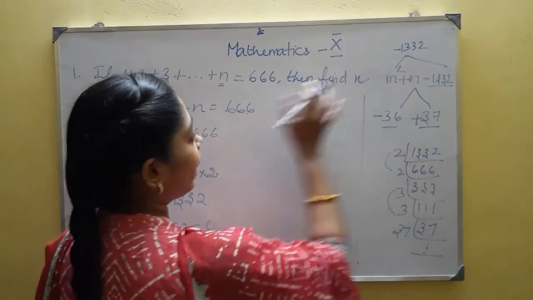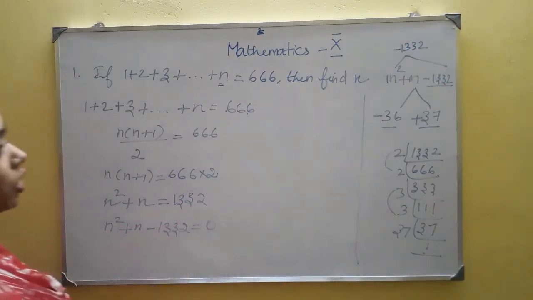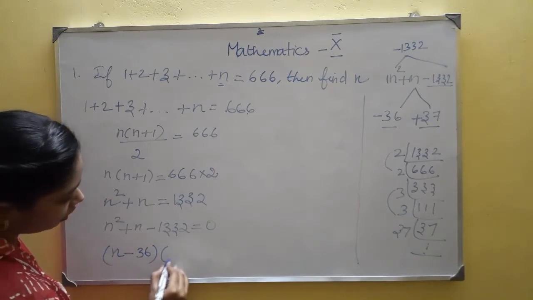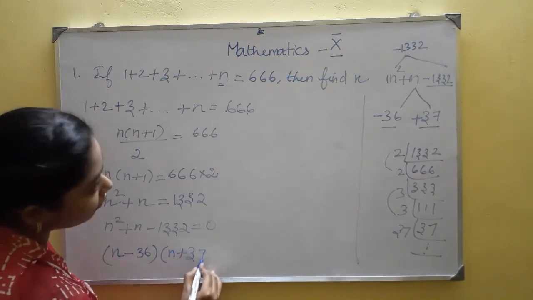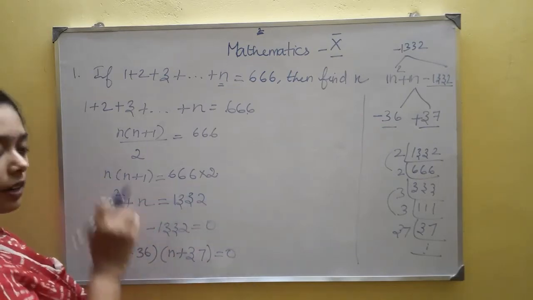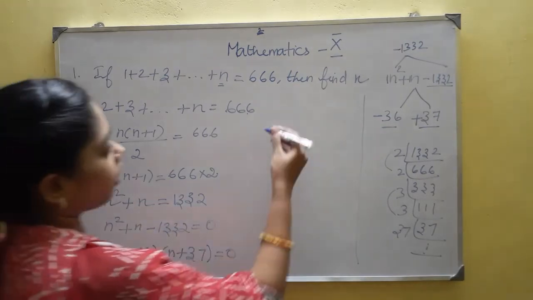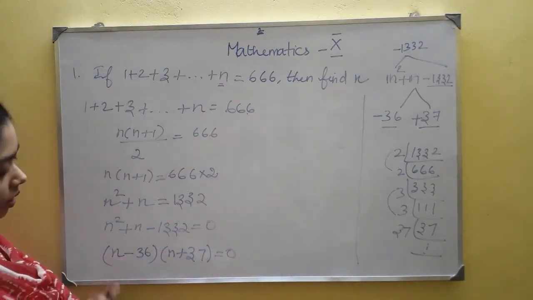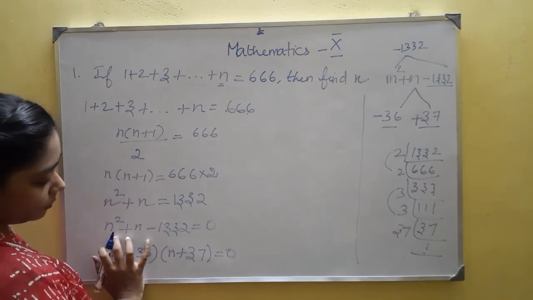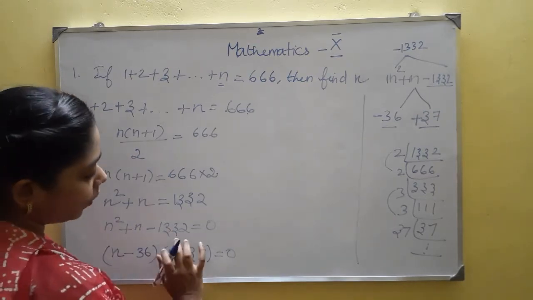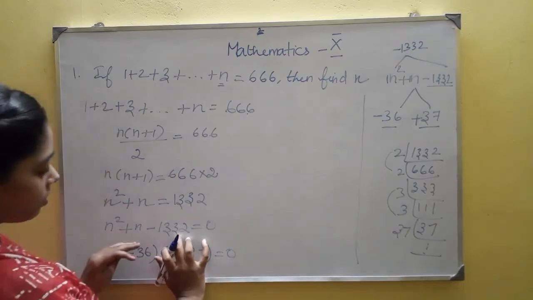So how to write in the normal way? This quadratic equation can now be written as n minus 36 times n plus 37 equal to 0. This product gives us this quadratic equation again. Now you know that n is a natural number, so this is one number. Here also n is a natural number added with a natural number, you will again get a natural number. So this is one number, this is one number.